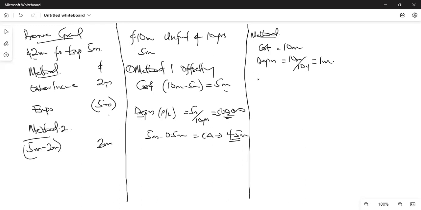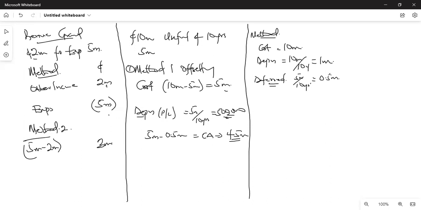You are now going to defer the grant of 5 million. How are you going to approach that? You also amortize the grant, which is 5 million over the 10 years, giving you 0.5 million.